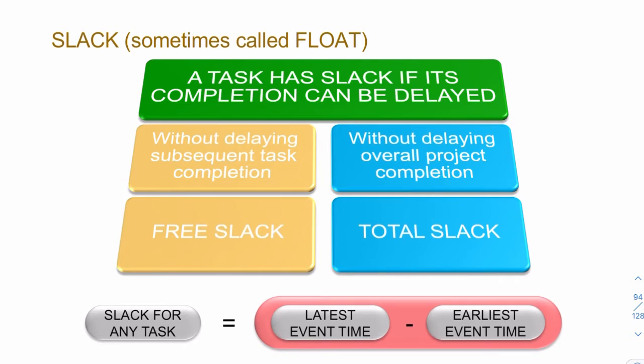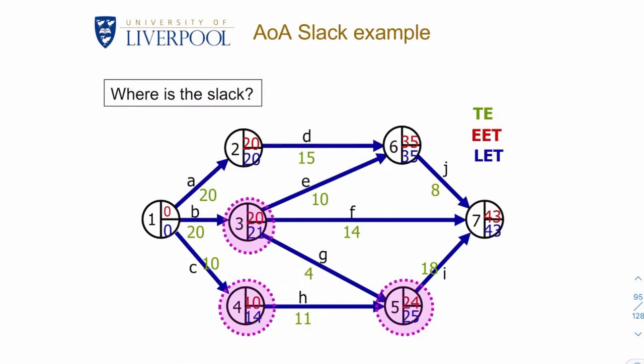So for each task, the difference between the LET and the EET, that is your slack for that task. Obviously, if these two are the same, then you'll have zero slack or zero float. But if there is a difference, that is the amount of slack you have. So for example, here we have zero slack because 20 minus 20 is 0.